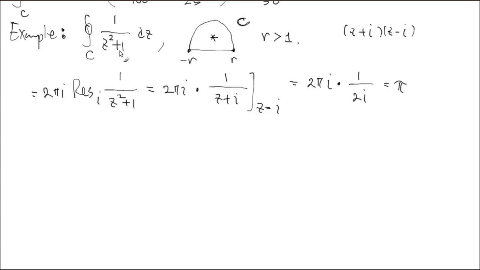But if you look at this one and ignore all these complicated integrals that you've been doing for half of the semester, if you turn this one into a real integral, what happens? Integral of 1 over x squared plus 1. You remember that definite integral result?